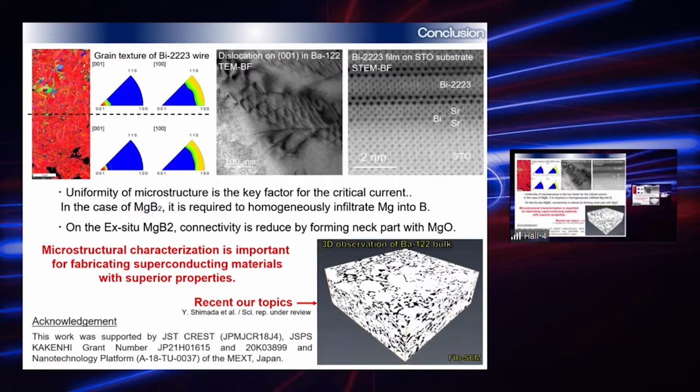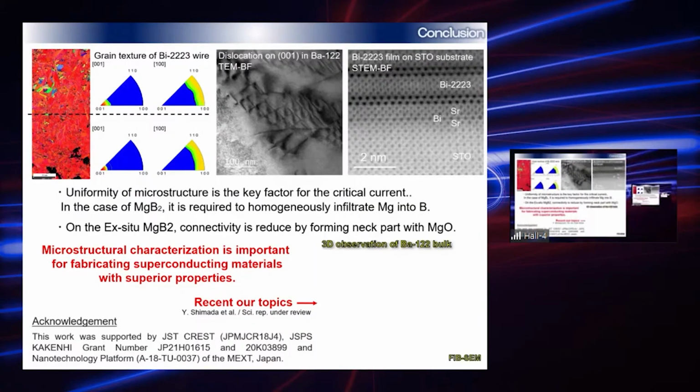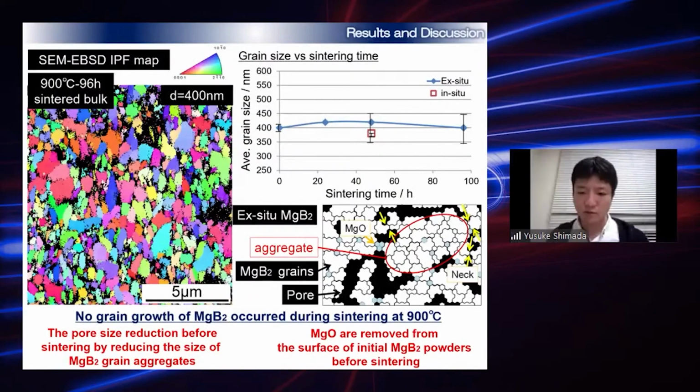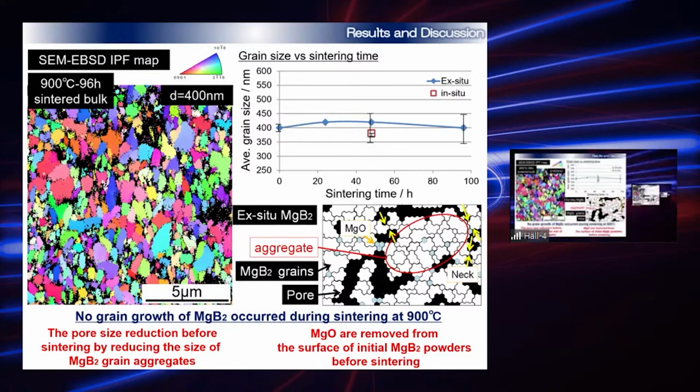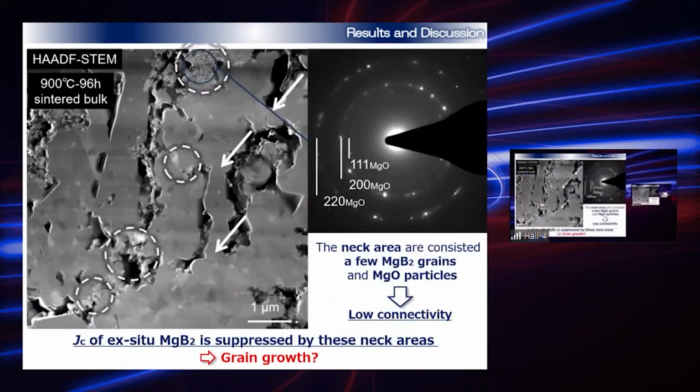I was wondering whether the MgO is a very thin layer that is formed at the intergranular area throughout the material. Is that a correct interpretation? Is the MgO sort of like an impurity that accumulates in the intergranular area?